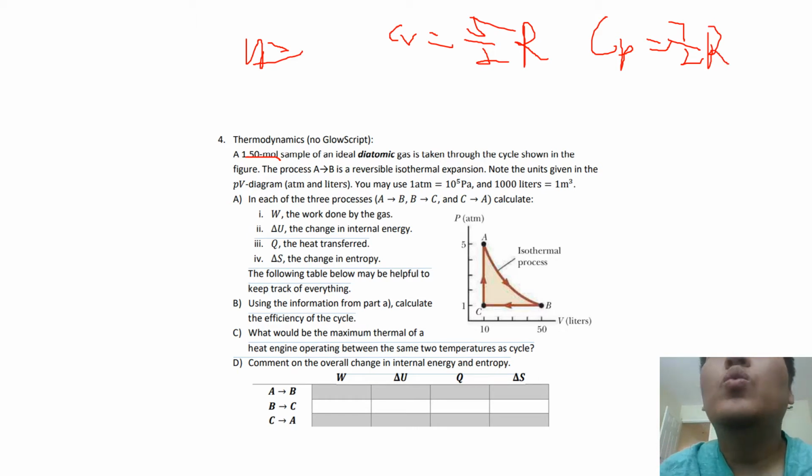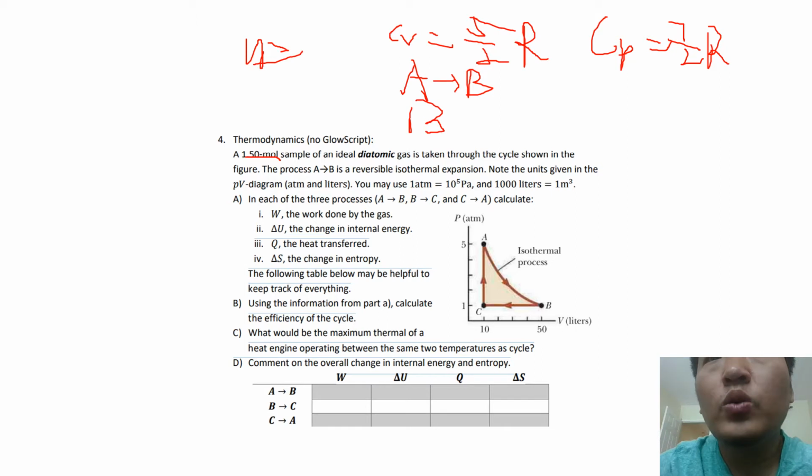And then with the figure shown, A to B is an isothermal process. And then B to C has no change in pressure, so it's an isobaric process.